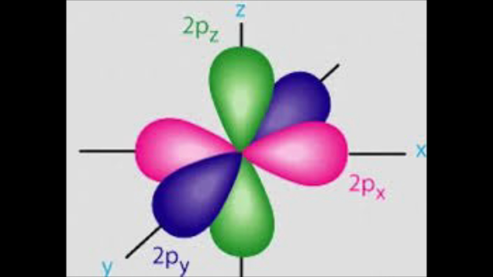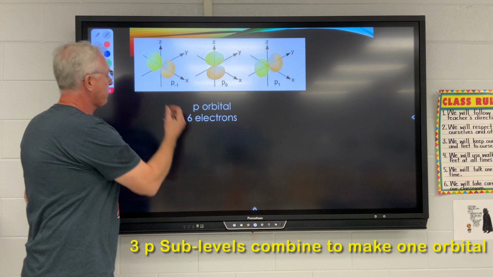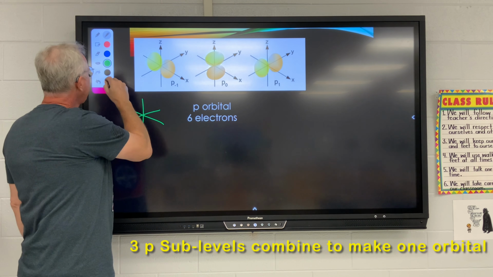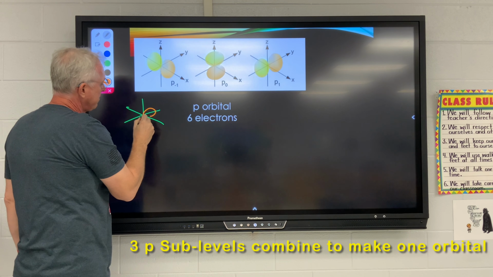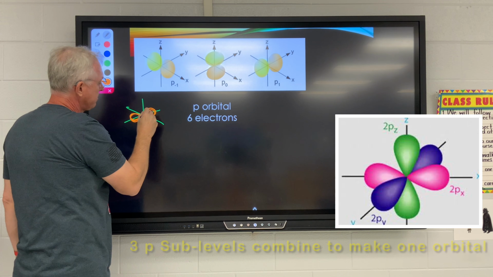Next guys up are the p orbitals. Now this picture is probably very accurate, but maybe a little hard for you to understand. Think of it like we have 3 axes, an x, a y, and a z, and the p orbitals are dumbbell shaped on each of the axes.